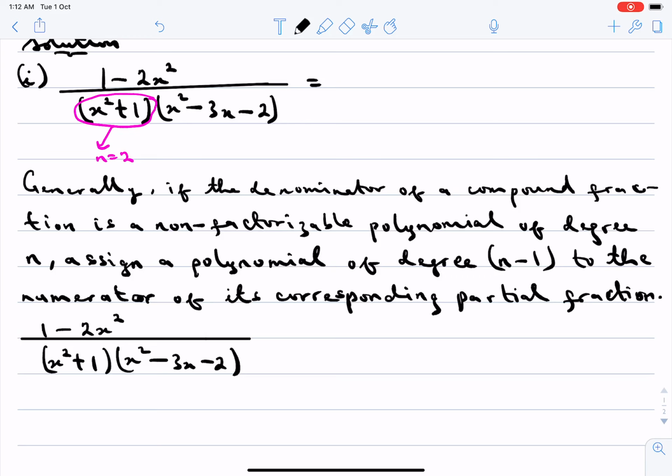The degree of a polynomial is determined by the highest exponent in the polynomial. The factor x squared plus 1 is a non-factorizable polynomial of degree 2, so n equals 2.